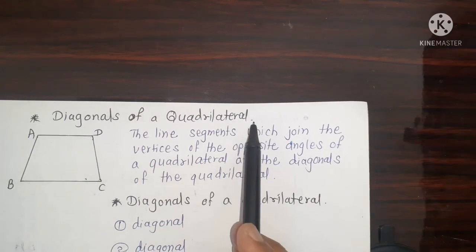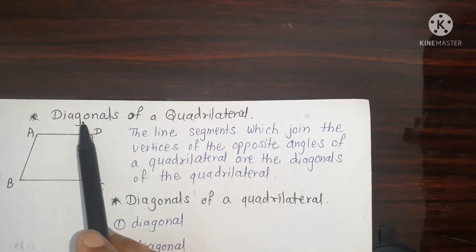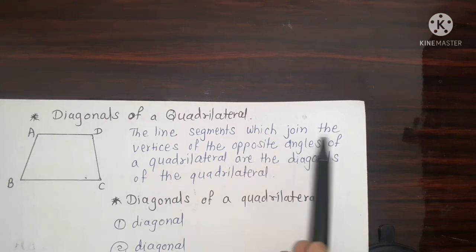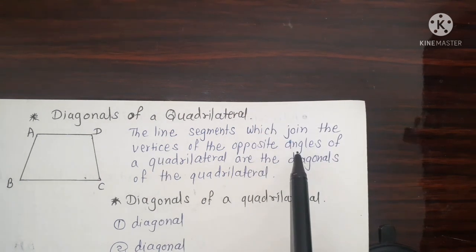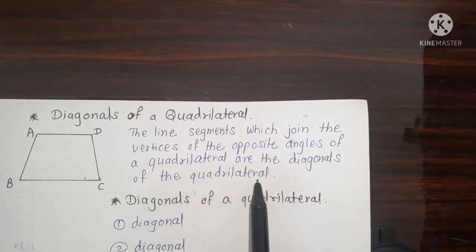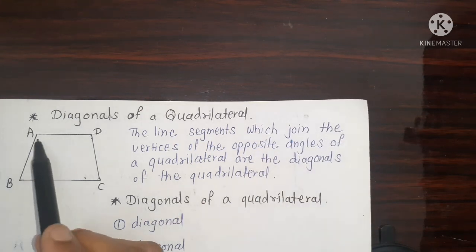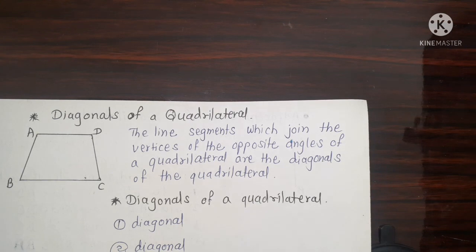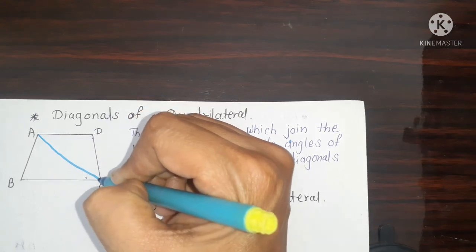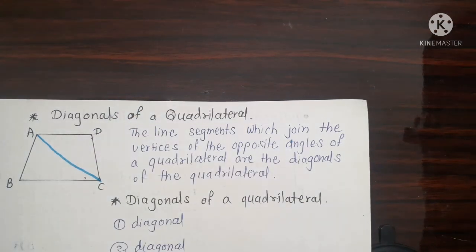Diagonals of a quadrilateral. The line segments which join the vertices of the opposite angles of a quadrilateral are the diagonals of the quadrilateral. Angle A and angle C are opposite angles, and the line segment joining these opposite angles is called a diagonal.